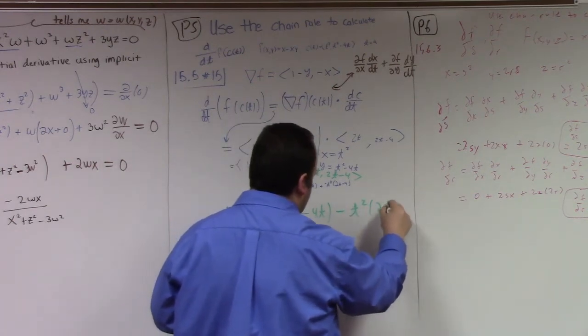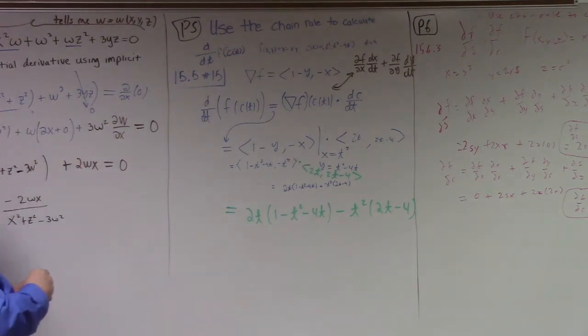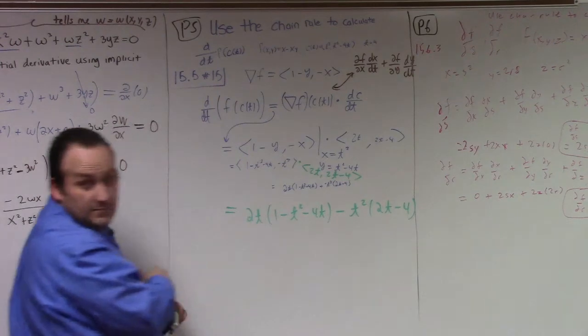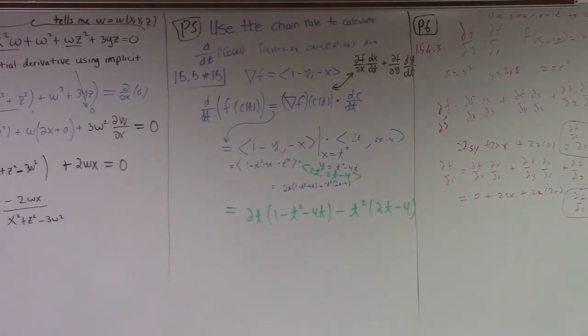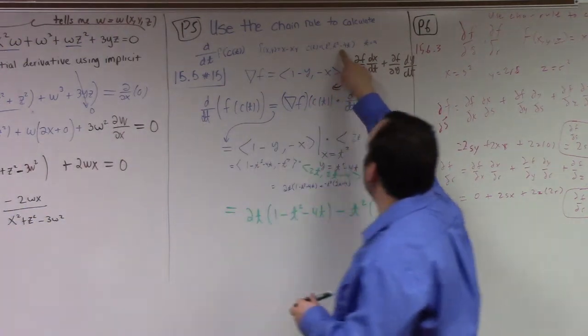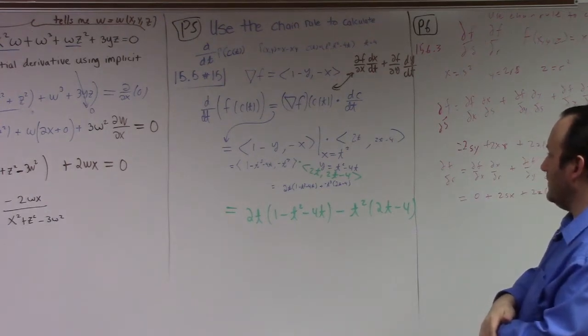Here's 2t minus 4, is that right? But it's minus 4t up here. Well, it's 1 minus y. The y was t squared minus 4t. Ah, yes, thank you.